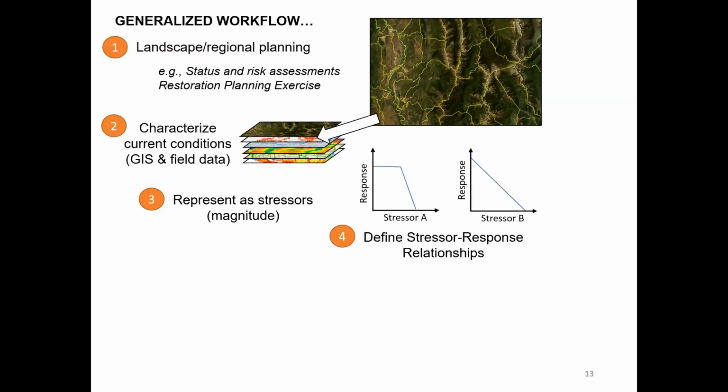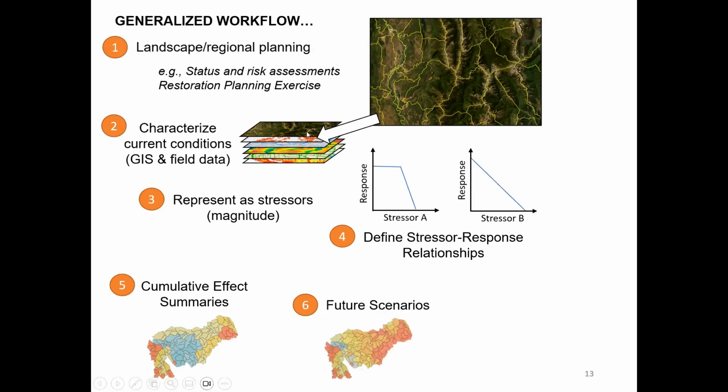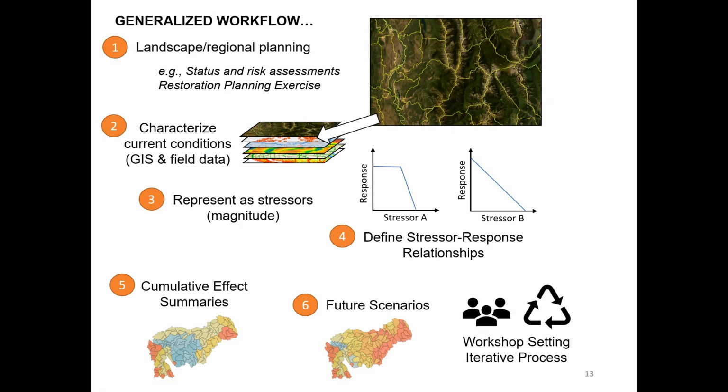Finally, we define stressor response relationships and then compile these to generate cumulative effect scores. Then we can run the models again with either different stressors or different stressor response relationships to represent alternative future scenarios. The idea is to do this whole process in an iterative workshop type setting.